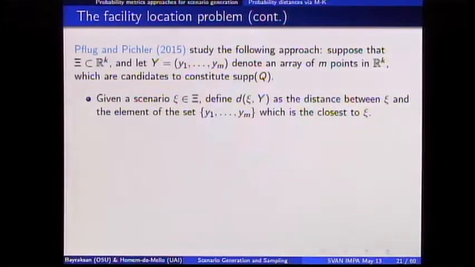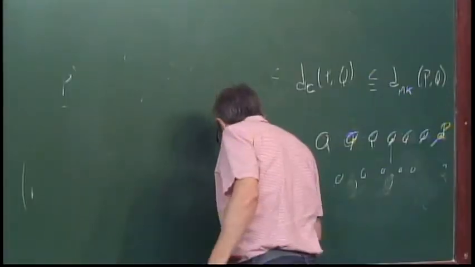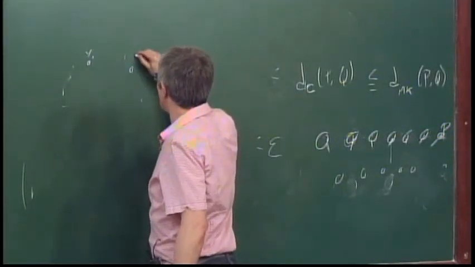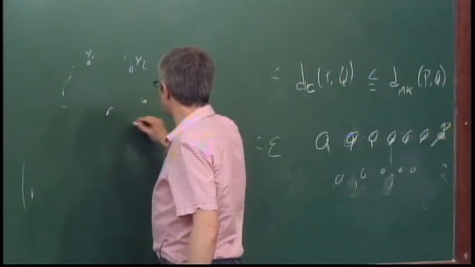Given a scenario, let's define this D here, which has nothing to do with the Ds that we saw before. It's a different notation: just the distance between C and the element of this set which is the closest to C. Imagine that I have a candidate set, Y1, Y2, and so on.